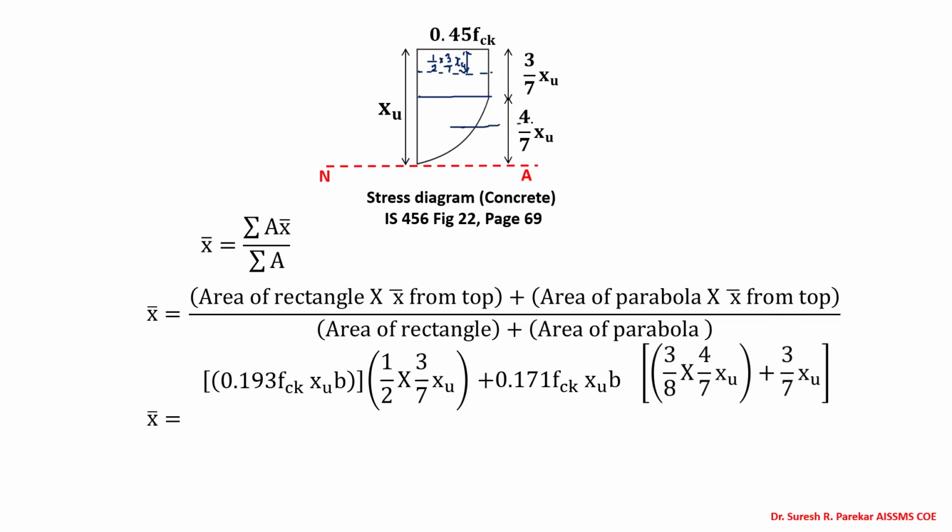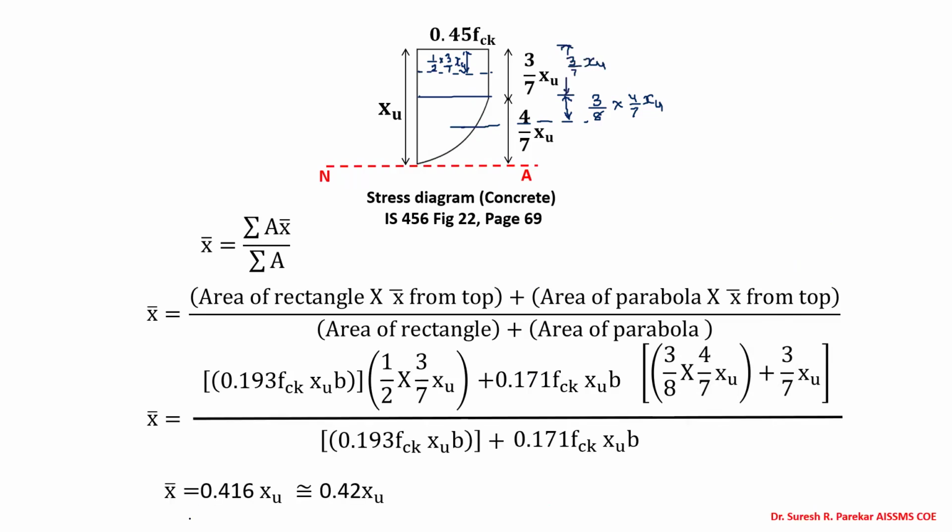Means from here actually we have this value 3/8 of 4/7 xu. And we have to take from top. So we have to add in this 3/7 of xu. And from this we will get x bar as 0.42 xu.